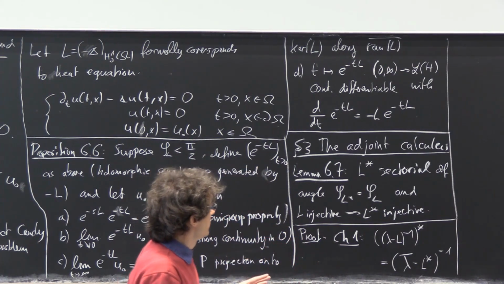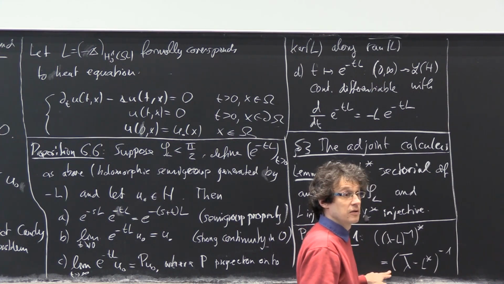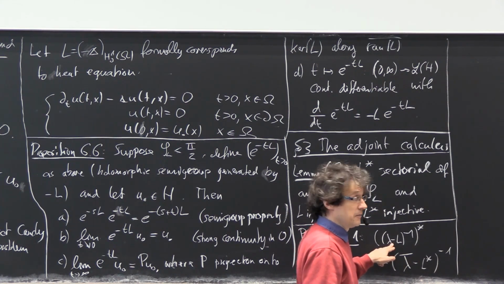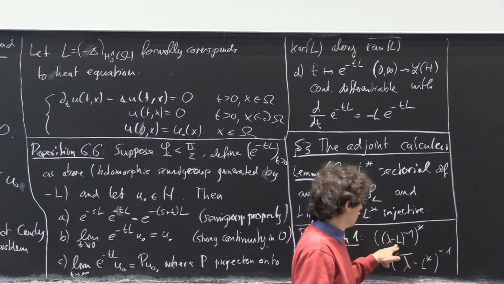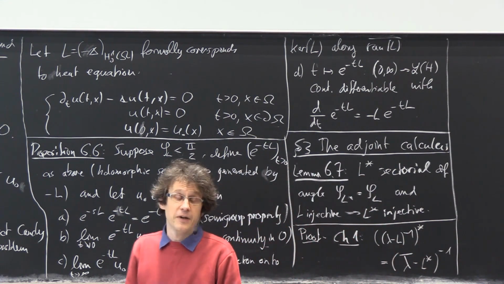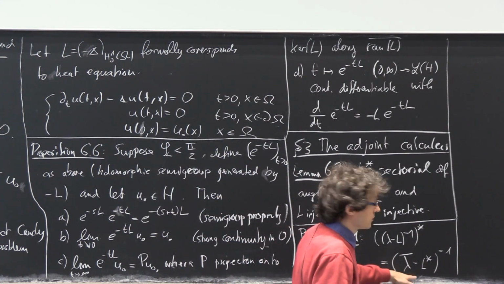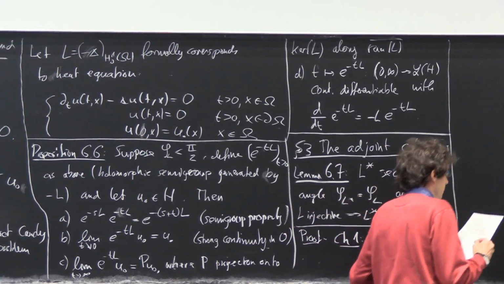And since also the norms of these two resolvents are the same, once you have a sectoriality estimate, so that the resolvent decays like 1 over modulus of lambda for this operator, you get it also for this one. So the sectoriality follows immediately.